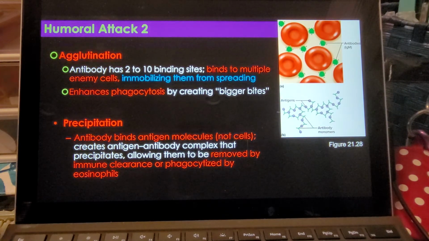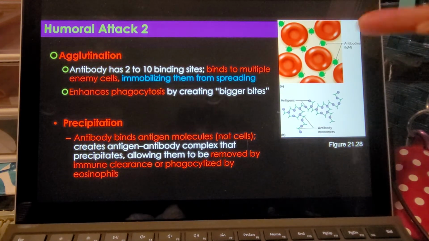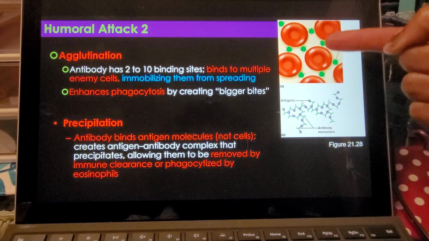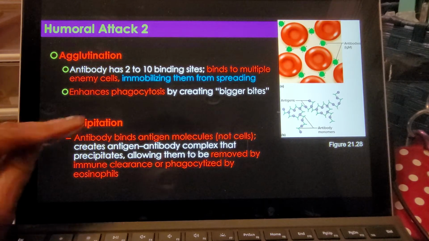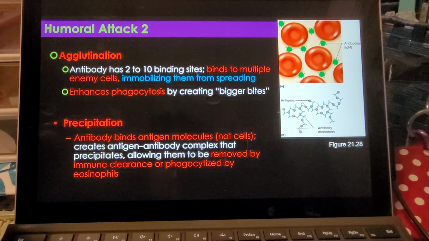Particularly with agglutination, your antibodies bind to the foreign blood cells and make them all sticky, which keeps them from spreading around. It also helps with phagocytosis because it makes a nice big clumpy bite of red blood cells that can be phagocytized, or eaten up. And then the last one is precipitation.